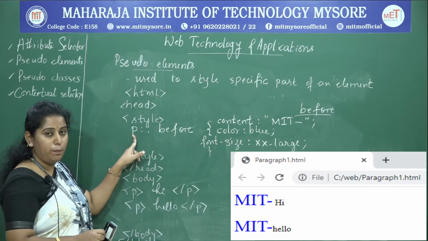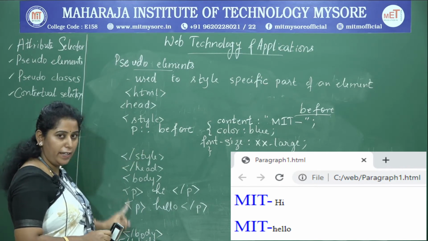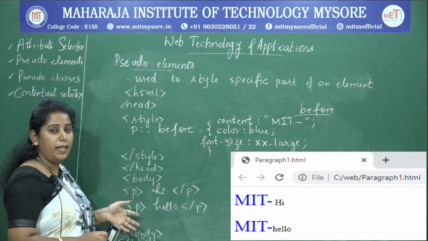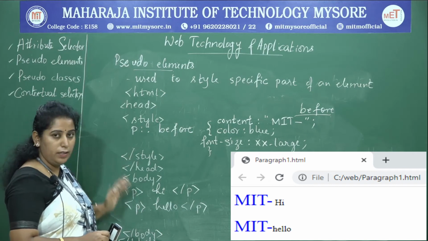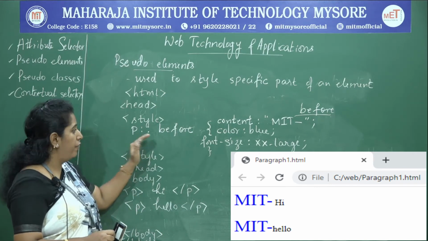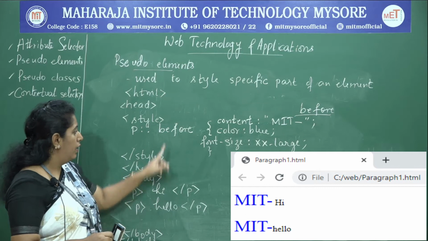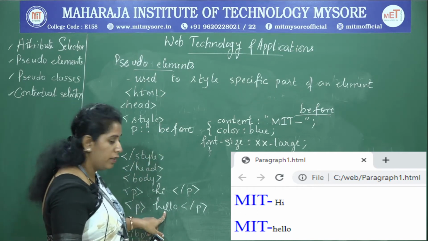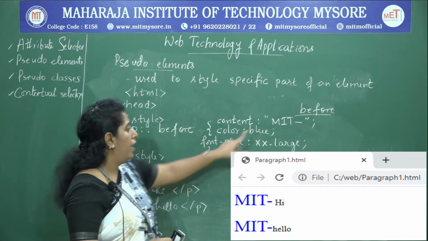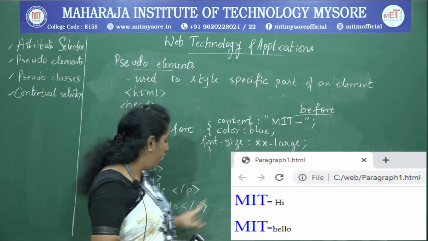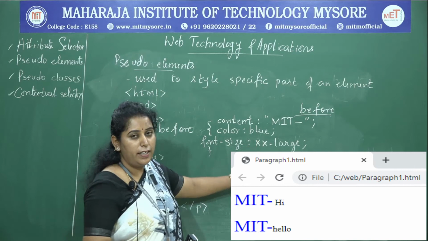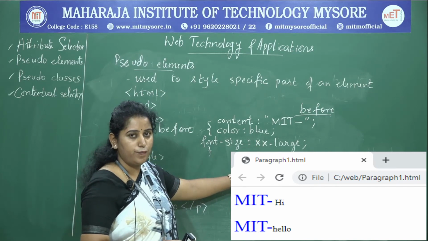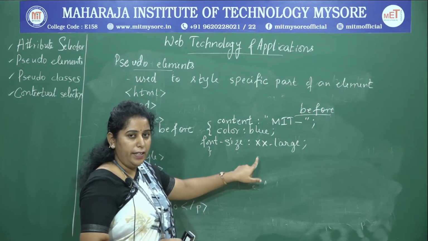Since you have given the element p, paragraph, all the matching tags will be affected. So how will this line be printed? MIT hyphen hello, in blue color and in this font size. Getting it, everyone?